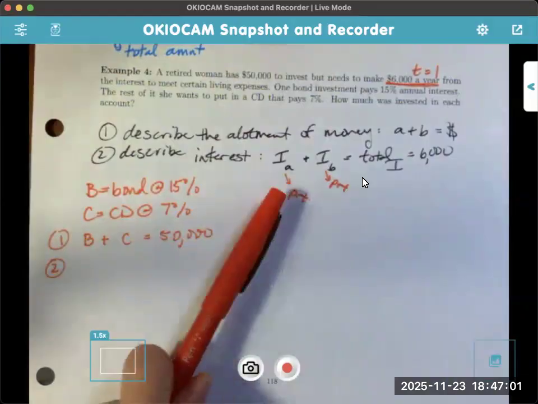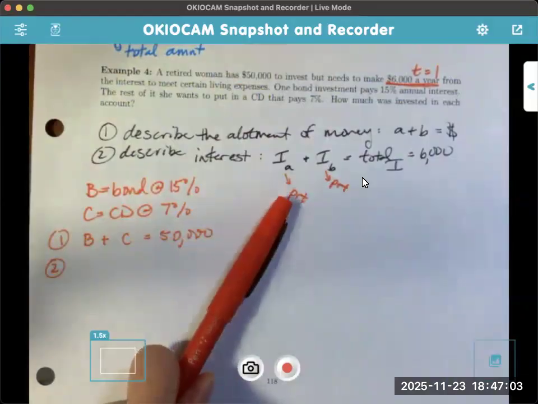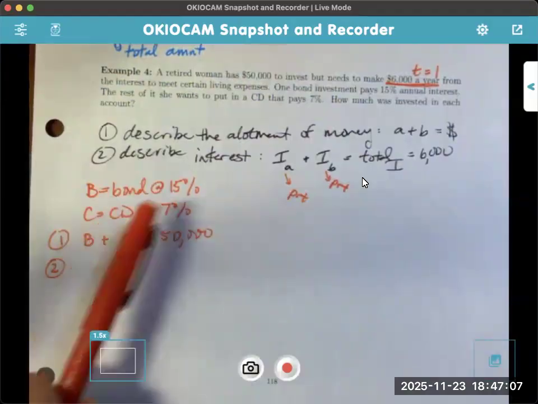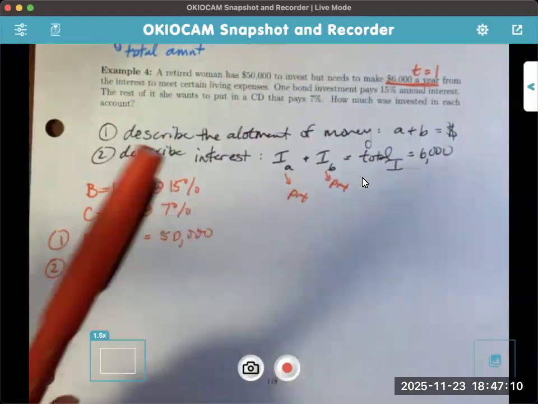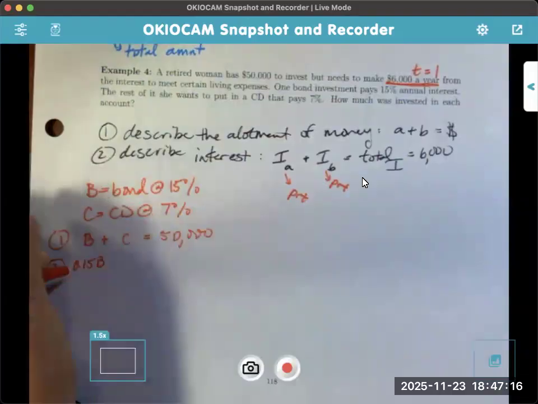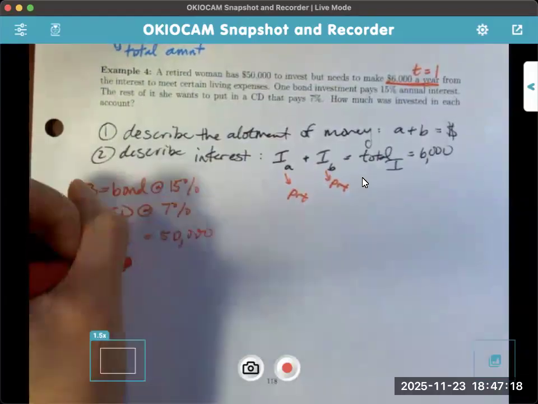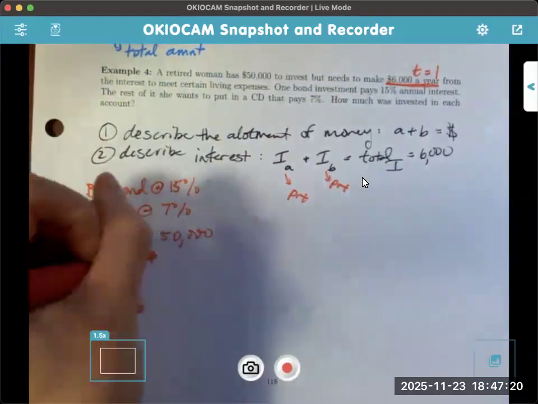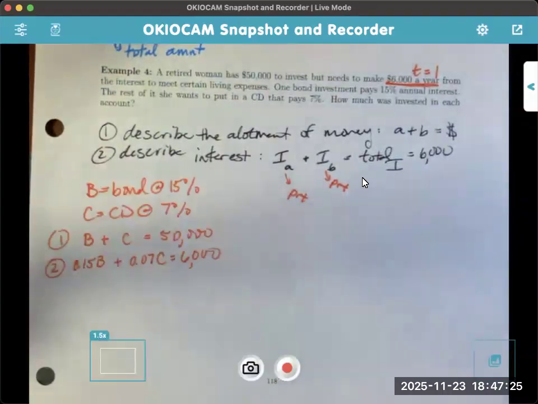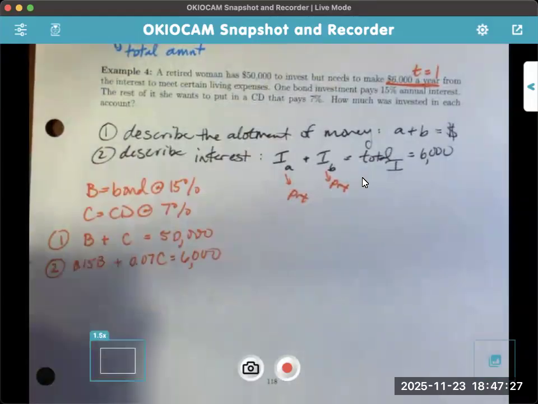We just have to know what was the original amount into the bond, what's the original amount into the CD, and we have the rates, 15 and 7. So realistically, you just have 0.15 times whatever we put into B, plus 0.07 times whatever we put into C, and we know that we have to make $6,000.